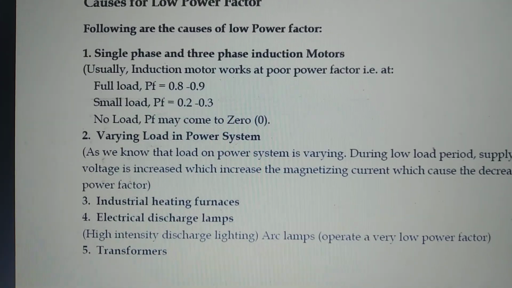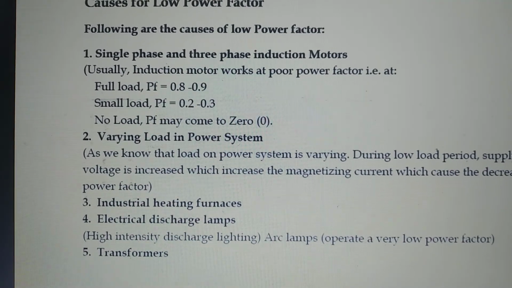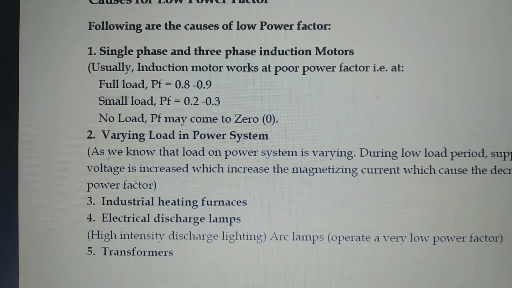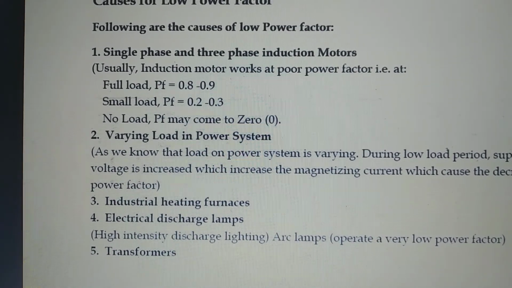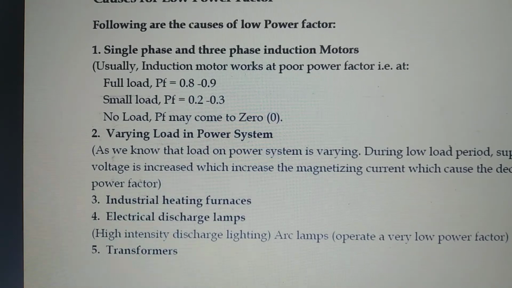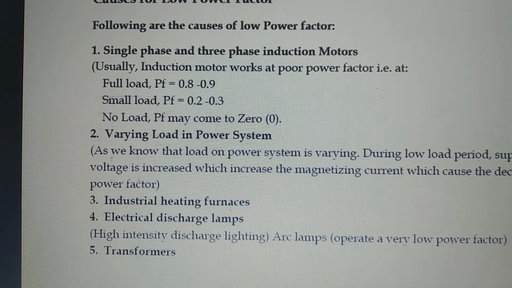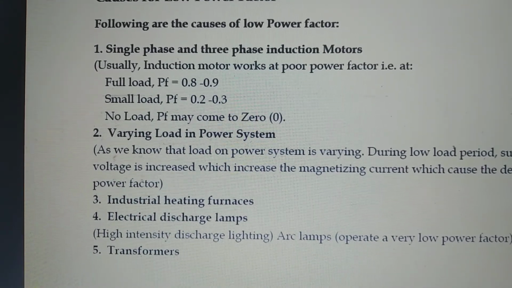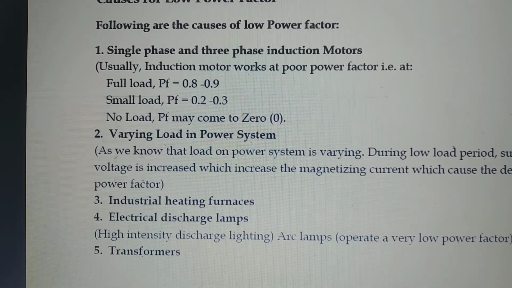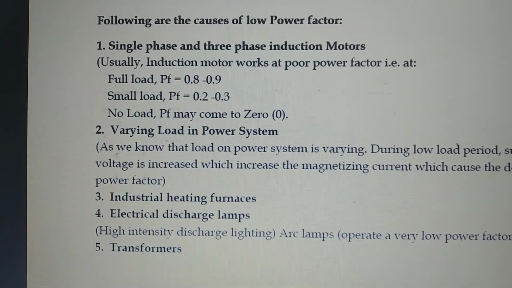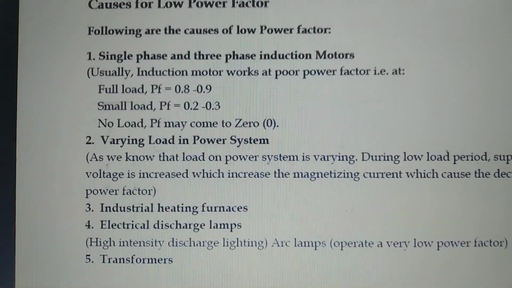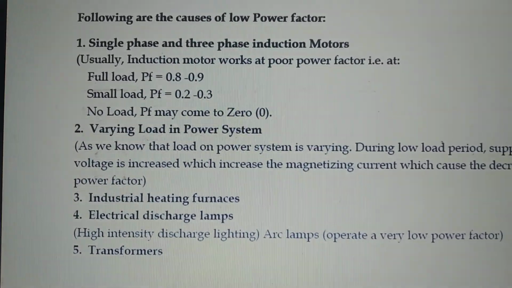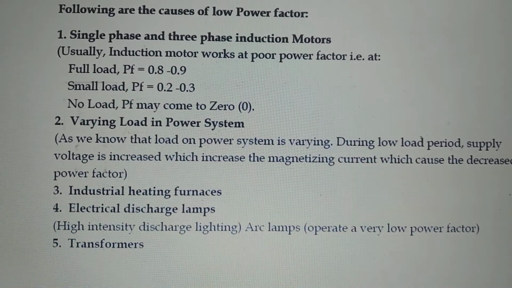If you run the induction motor at full load, it takes the power factor equal to 0.8 to 0.9 lagging. For small loads, power factor varies from 0.2 to 0.3 lagging. If there is no load on the induction motor, power factor may come to zero. It leads to many problems in the system. When we see the electricity bill values, they keep increasing more and more.